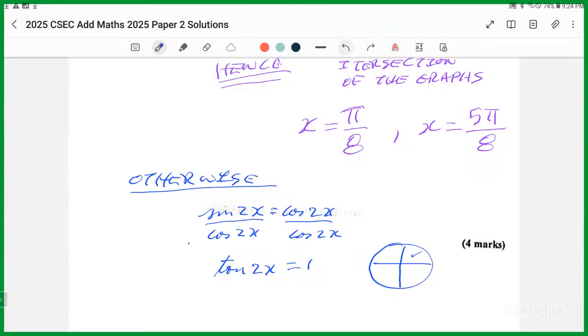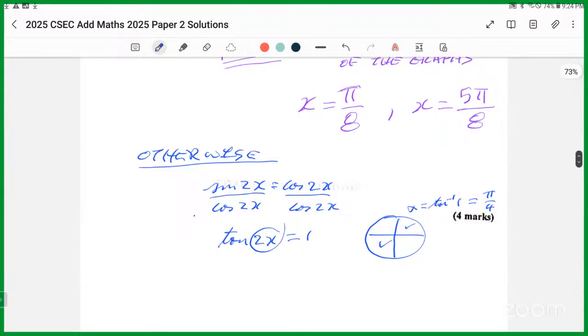The principal angle alpha is tan to the minus 1 of 1, which is 45 degrees, or pi by 4. So 2x in this quadrant is pi by 4, but in this quadrant it will be pi plus pi by 4, which is 5 pi by 4.